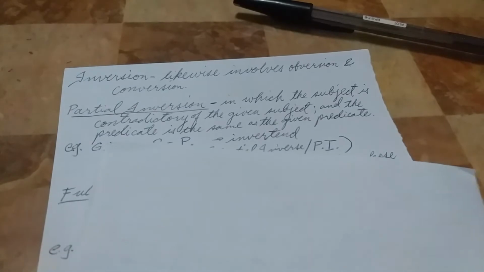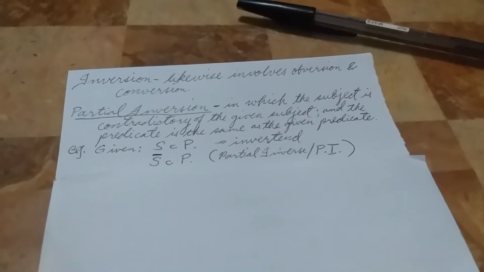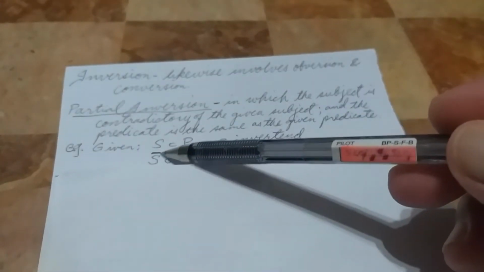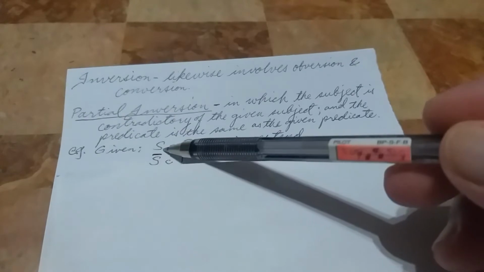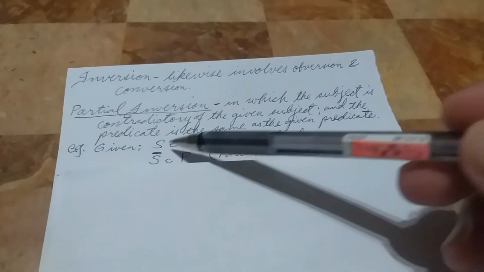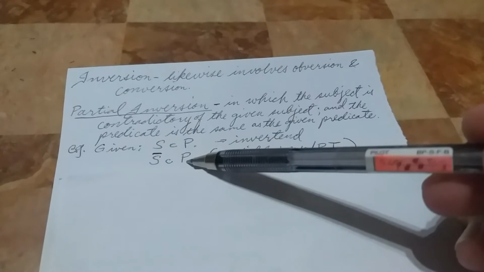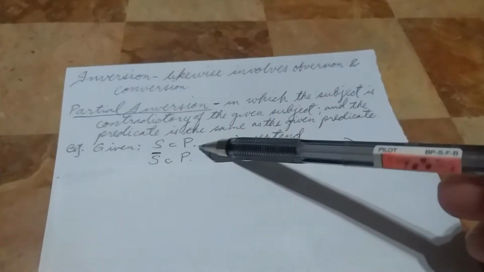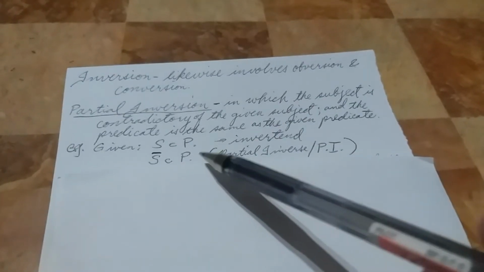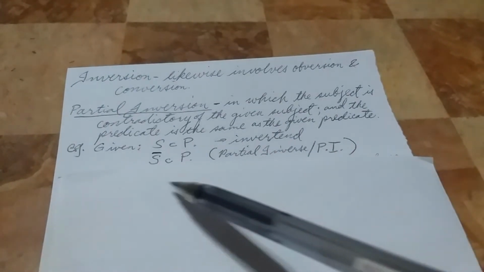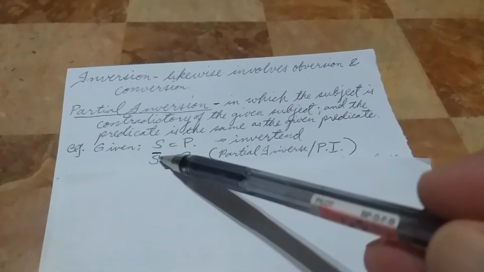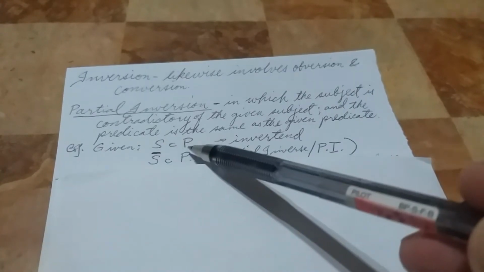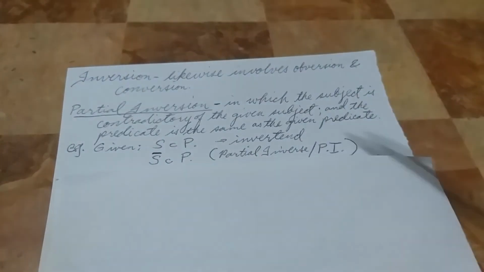Partial inversion is one in which the subject is the contradictory of the given subject, and the predicate is just the same as the given predicate. So the given is inverted. This is what we call partial inverse, or PI.